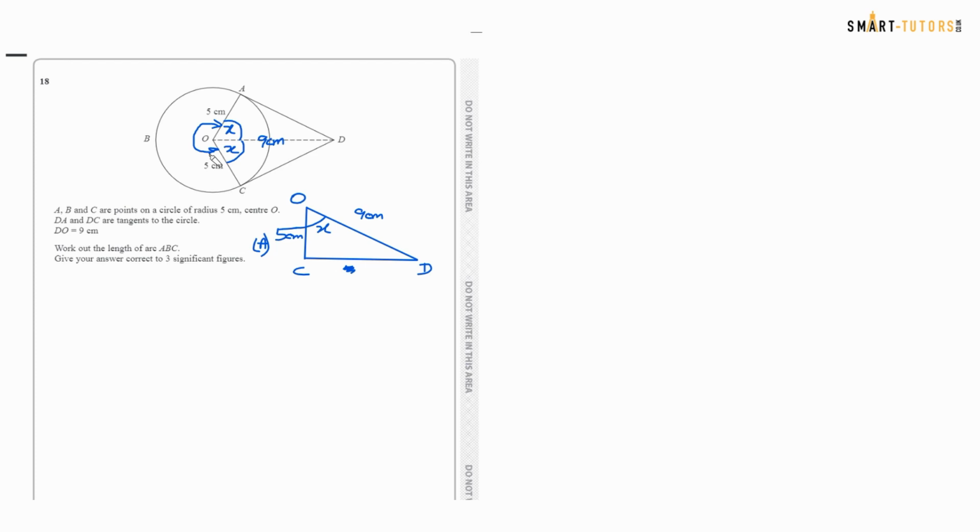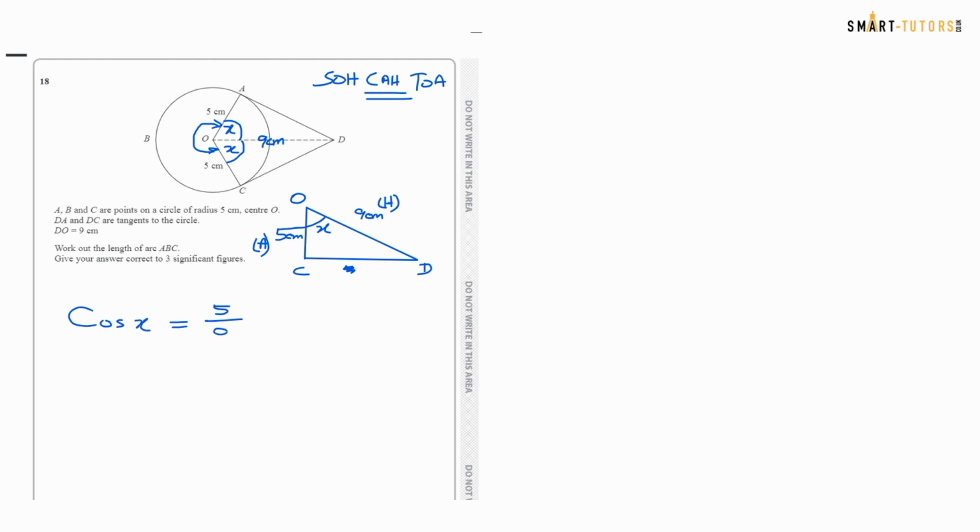So this is the angle X. The side next to it is adjacent, and this is hypotenuse. And in your SOHCAHTOA rule, adjacent and hypotenuse linked by cosine.